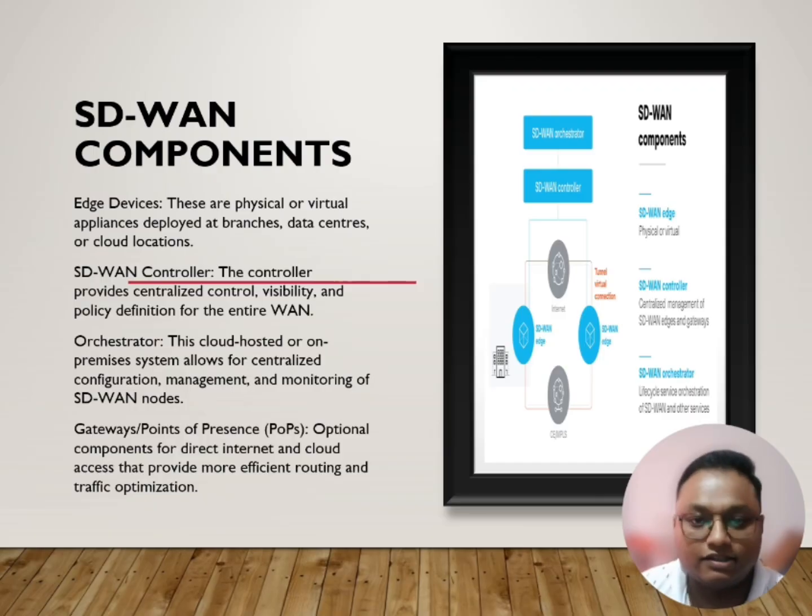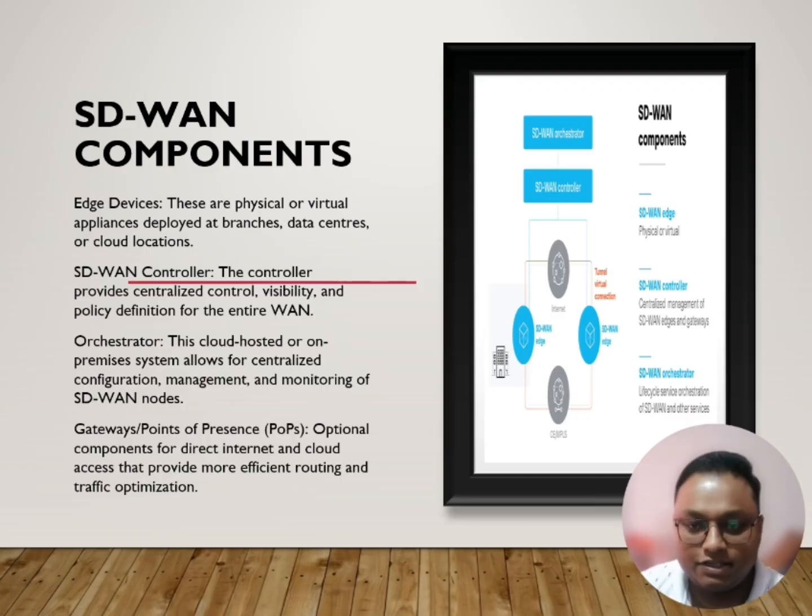These are physical or virtual devices located at branch offices or data centers. Their function is to establish secure connections between sites using any type of connectivity. It could be MPLS, broadband, or wireless connectivity. And it performs traffic steering, encryption, and quality of service enforcement as well.